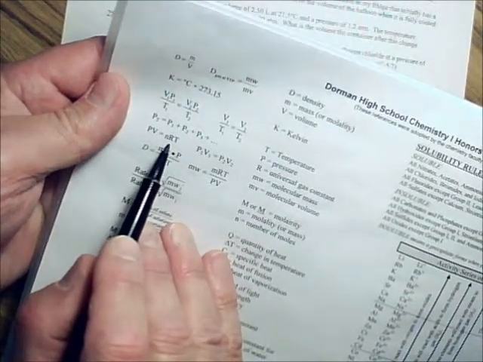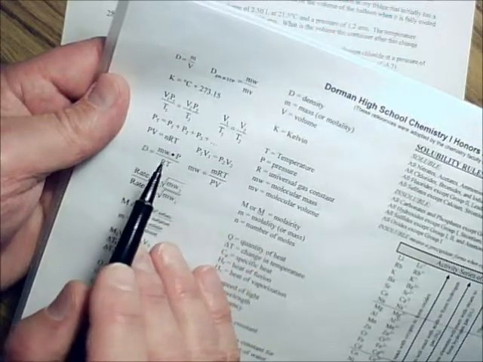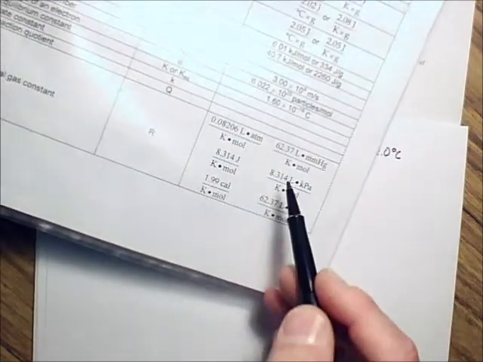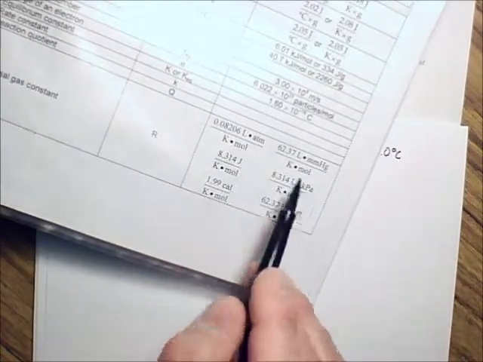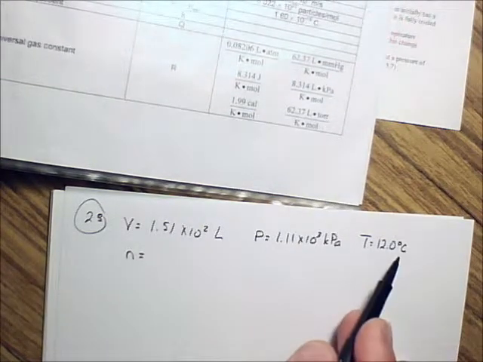The only thing we don't have in our list so far is R, but you always have R. R is always found on the front page of your test references, and there are 6 different versions of R. You have to pick the version of R that fits the measurement units here.